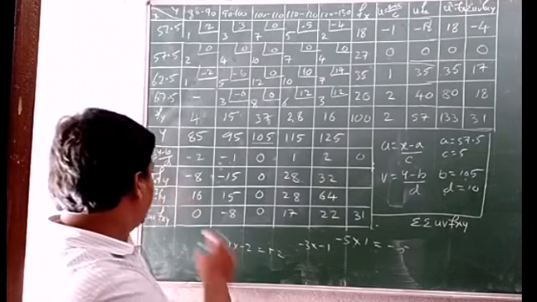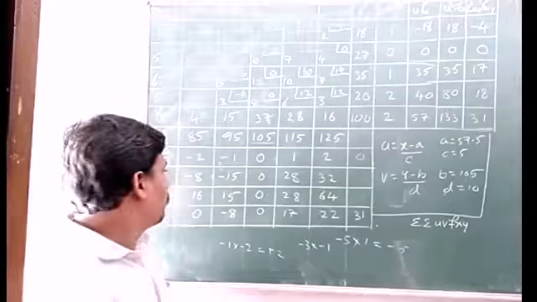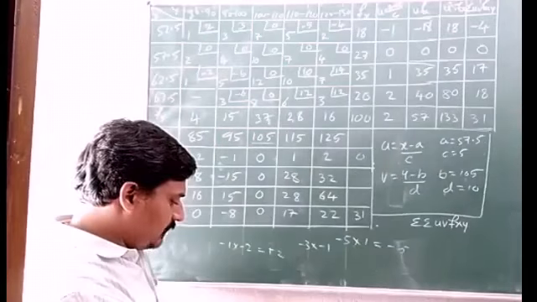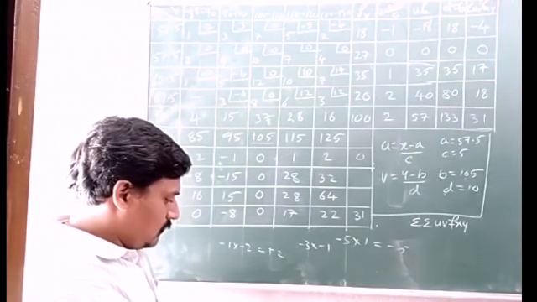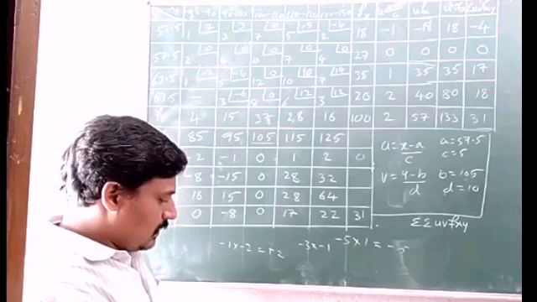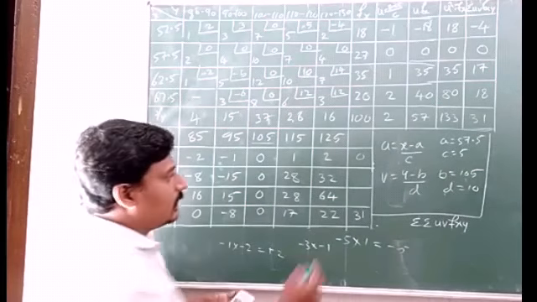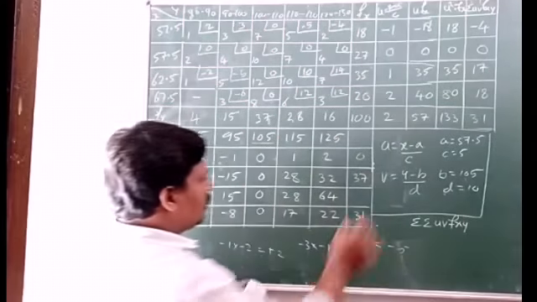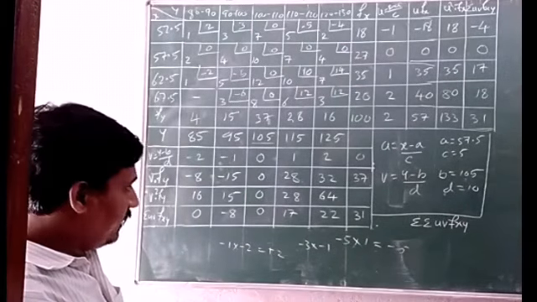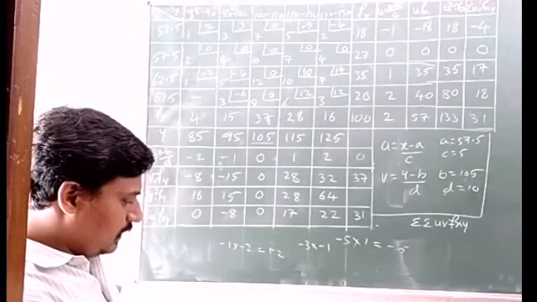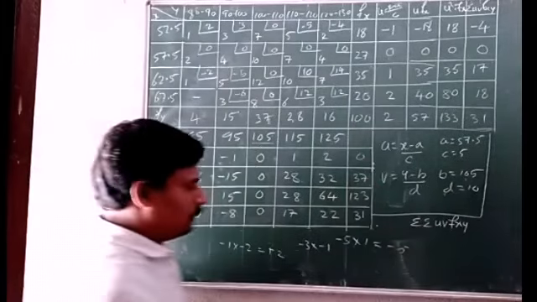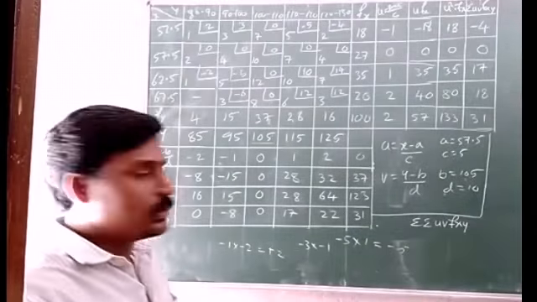So then here the total of the v fy column, that is minus 8 plus minus 15 plus 28 plus 32, that is 37. And next, 16 plus 15 plus 28 plus 64, that is 123. So these are the totals of all columns here.